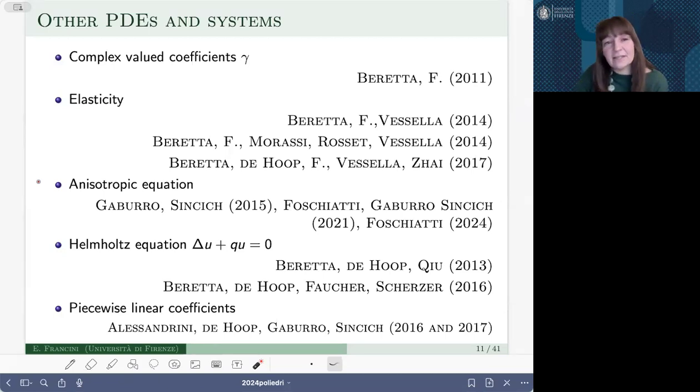And the technique that Alessandrini and Vessella used was not actually the one of evaluating the derivative of the function with respect to the values of the conductivity. It was a slightly different method. And in these results that are listed here, these different methods are used. All of these results, of course, need some more work because the equation is different, the system is different, and then there are different kinds of difficulties that you need to tackle.